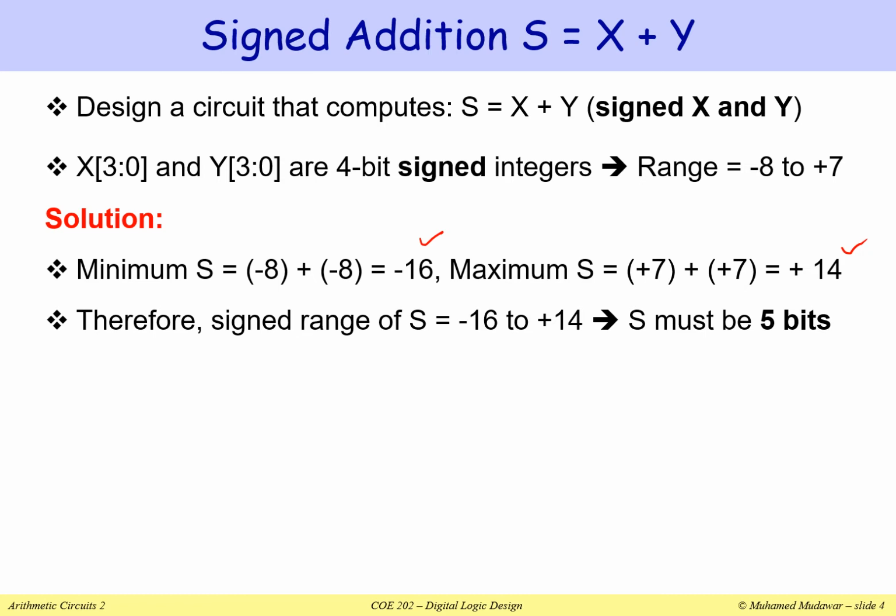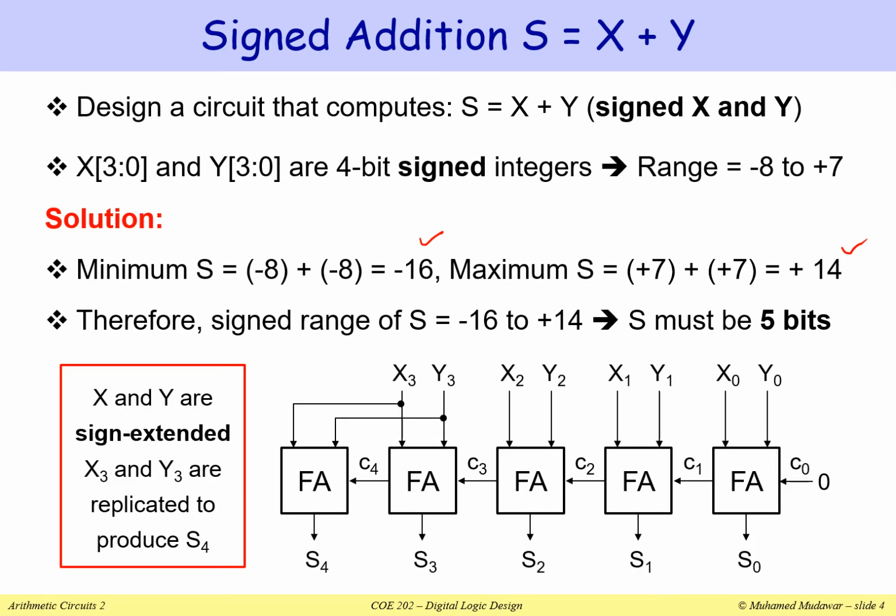So we need a 5-bit adder to calculate s is equal to x plus y. Notice that x and y are sign extended. Notice that x3 is replicated and y3 is replicated to calculate the most significant bit, S4.